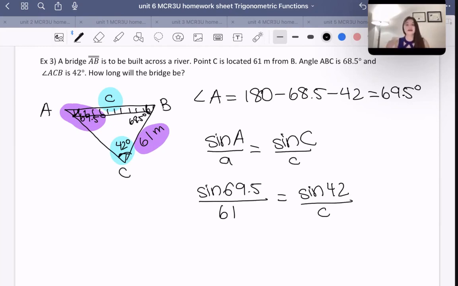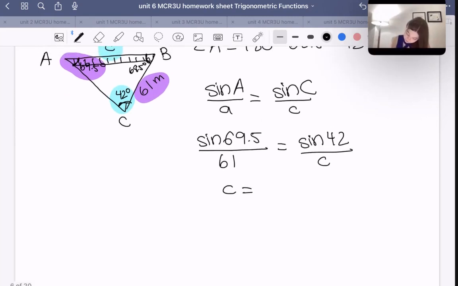So again, now we're going to cross multiply. We'll get that C up to the left, and we're going to put the sine 69.5 down to the right, and the 61 up to the right. So we're going to end up with C is equal to 61 times sine 42 over sine 69.5.